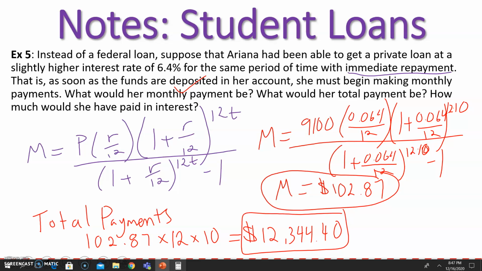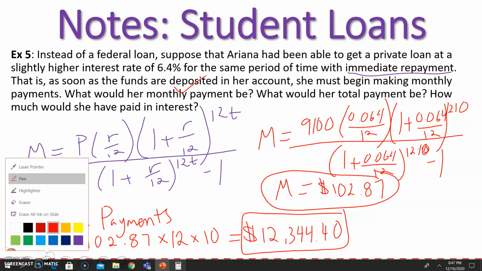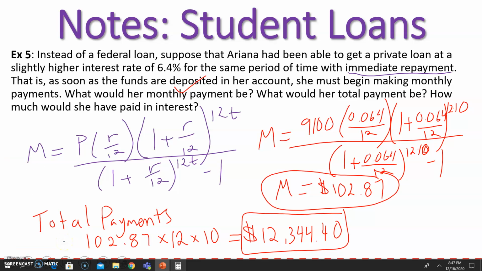And then the question is, how much interest will she have paid? If we remember correctly, the interest is the difference between how much was borrowed and how much we paid. So our interest here will be $12,344.40 minus the $9,100 that was actually borrowed.